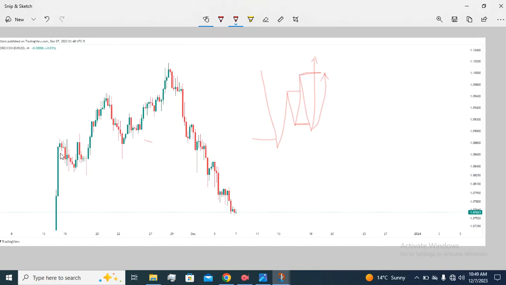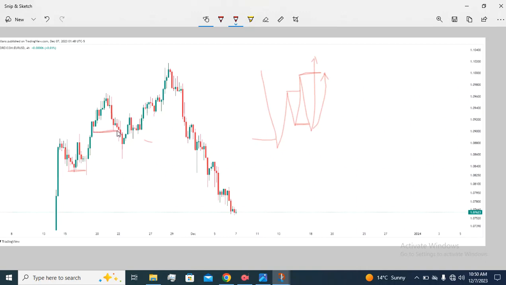So right here, as you can see, we had a clear sweep of liquidity here, right? Then with it, the clearest first break of structure on this 4-hour time frame is right here. This one is the clearest one.